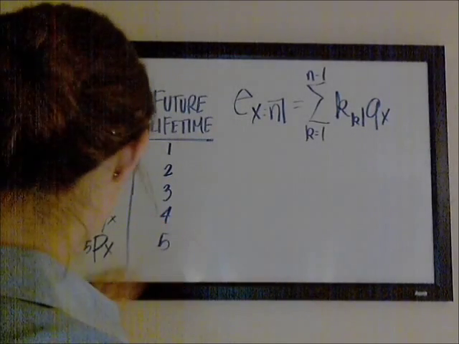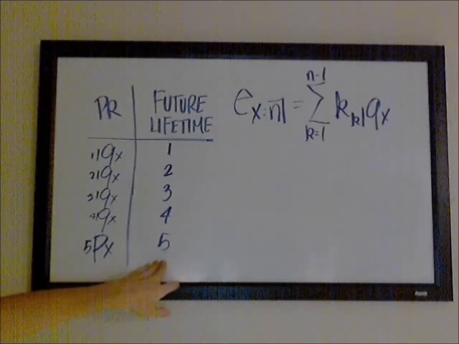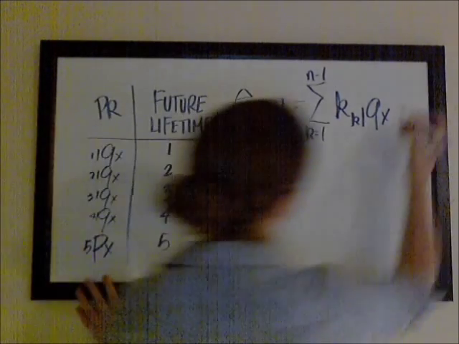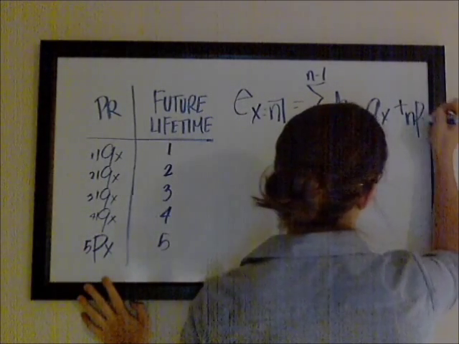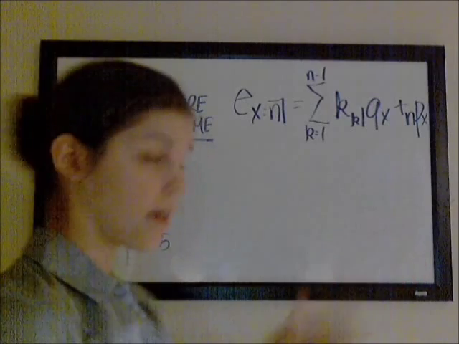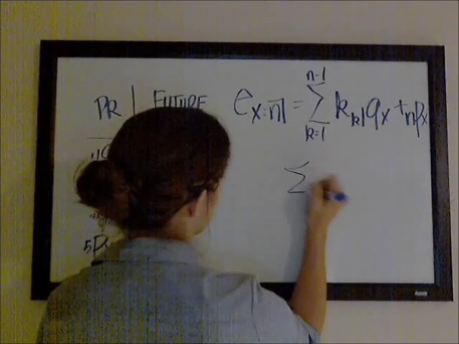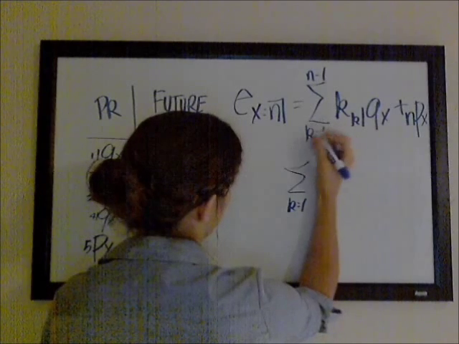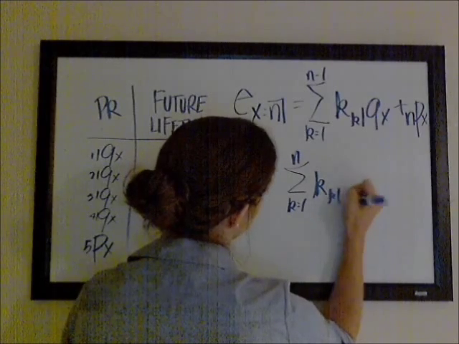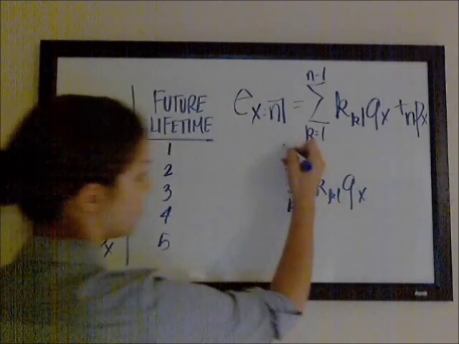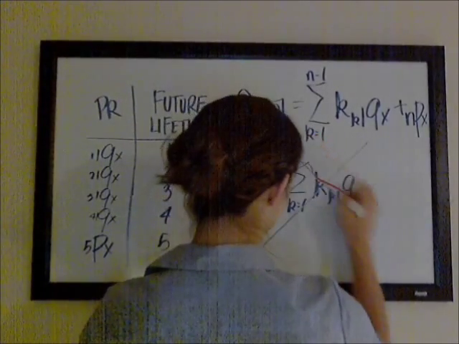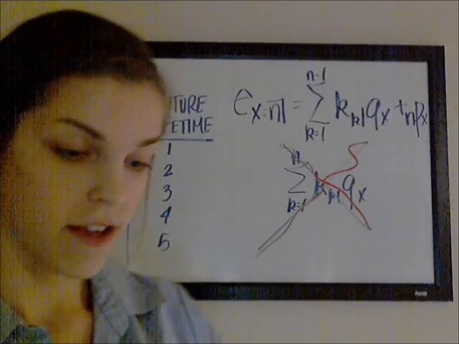And then we have this last 5. Here it's 5, in general it's n, times npx. So plus n times npx. And this is the part that I was forgetting about. I was just kind of thinking that it would be the same as for whole life, except you just cut it off at n. Okay? Not true. Not true. And hopefully you can see why that's the case.